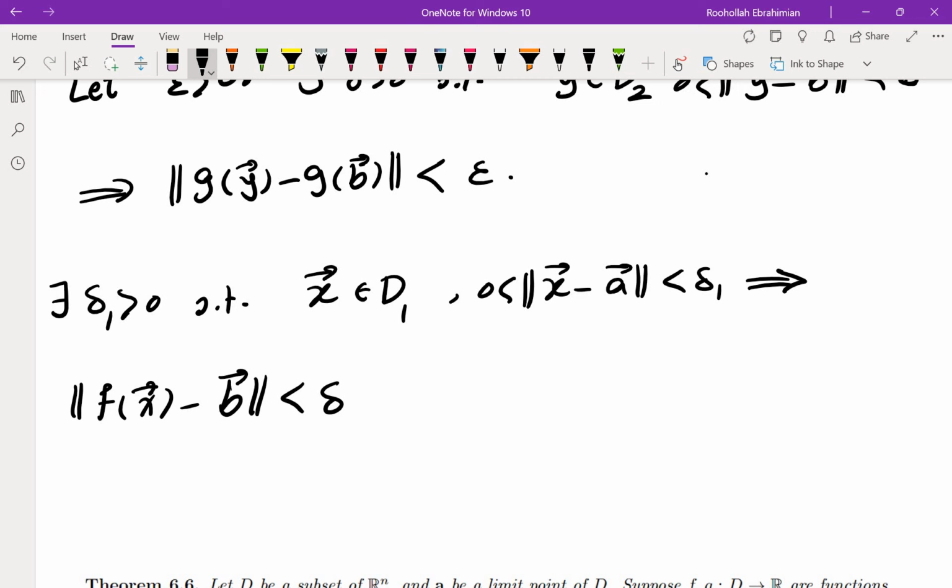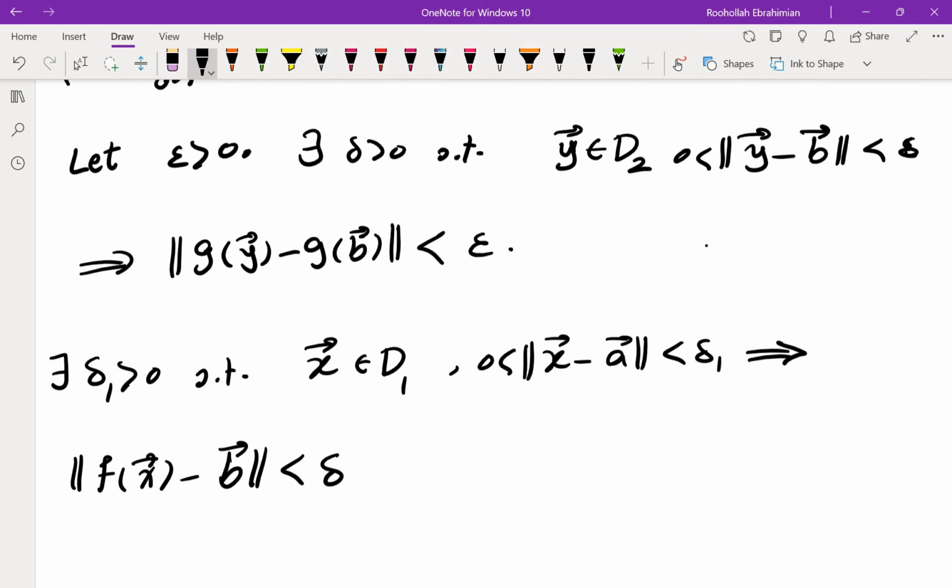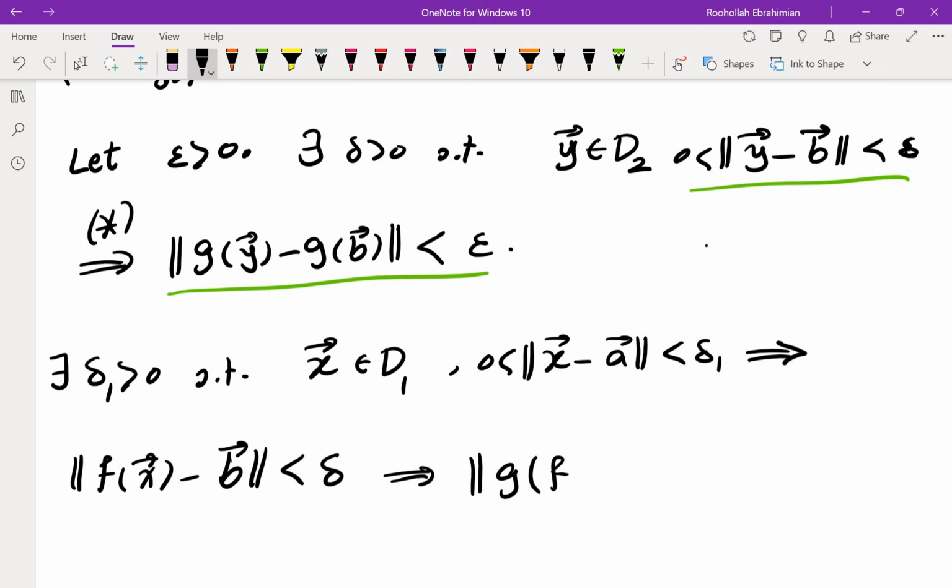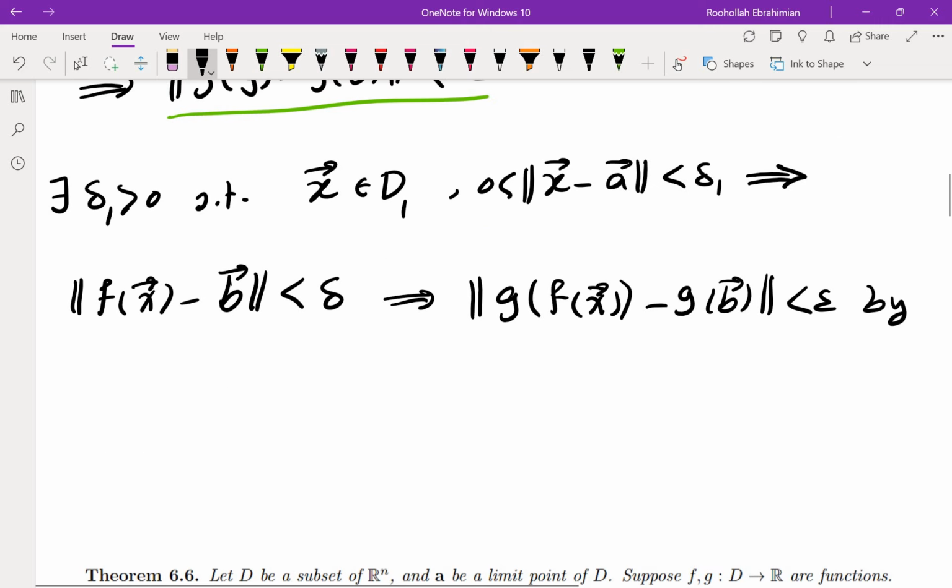So my epsilon here is basically delta. So what does that give me? If I look at this inequality here, I know that this implies the distance between g of that and g of b is less than epsilon. So I'm going to call this a star. This implies by star that the distance between g of f of x and g of b is less than epsilon.